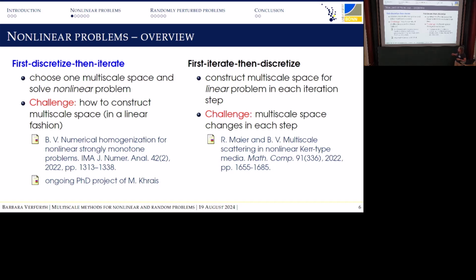But for today, permit me to consider this part where we try to come up with one space and then do a Galerkin scheme for our nonlinear problem, and I will not speak about how to solve the global nonlinear problem in the end, because there I assume to use some standard method like Newton method or whatever.